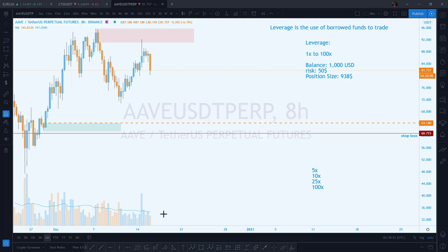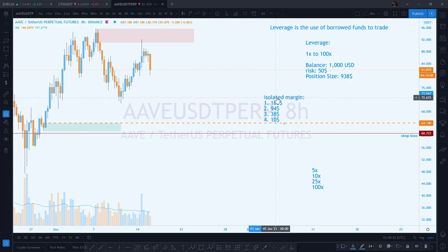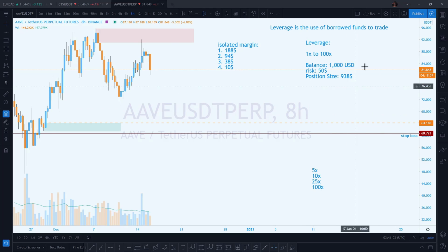Let me write down the leverage and the margin, because it's needed in isolated margin. These are their margins. It's like collateral, the amount they stand to lose in case of liquidation. So how do you calculate your liquidation price in an isolated environment? Isolated means you are not using your entire balance.